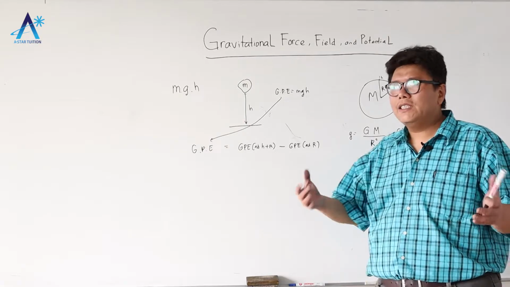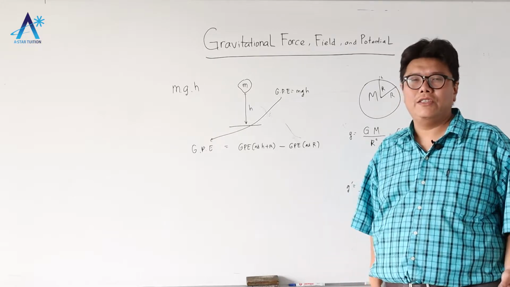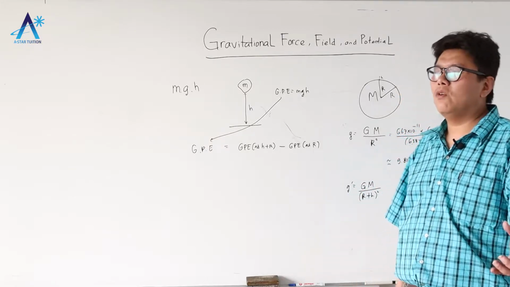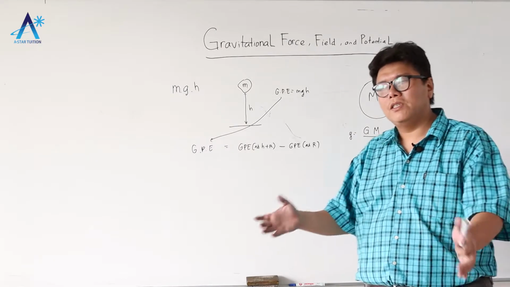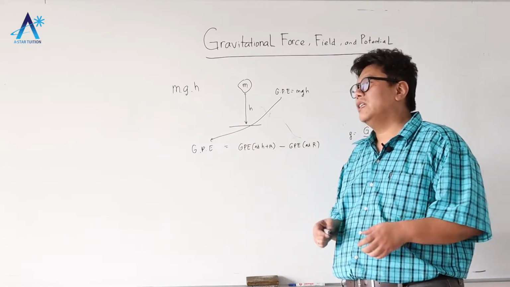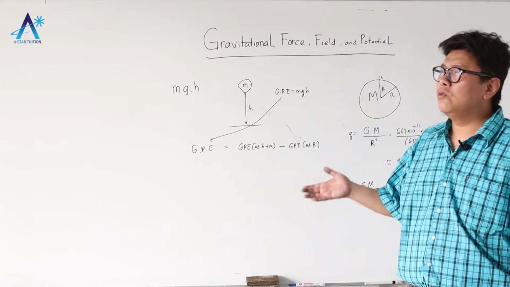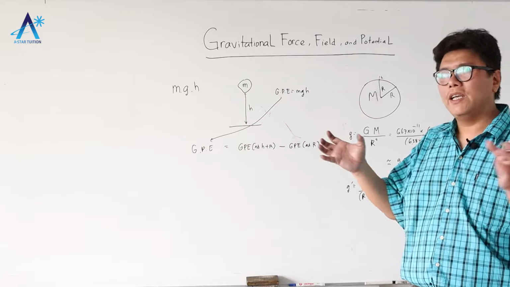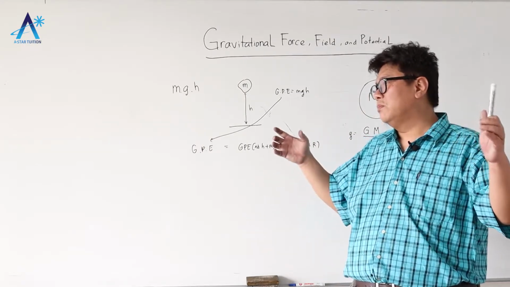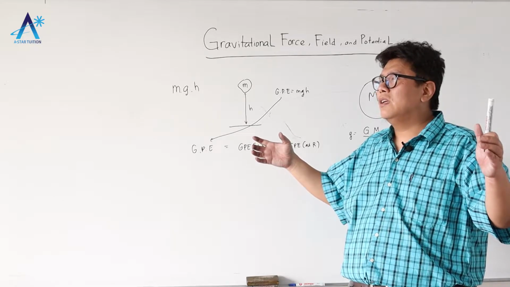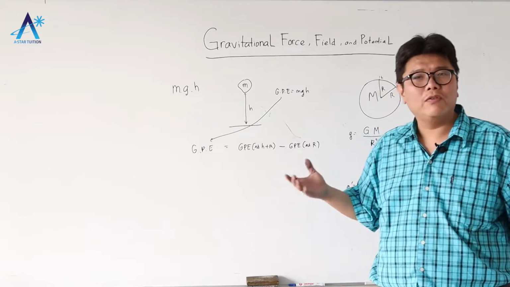Potential energy is energy due to interaction. If you have two masses, m1 and m2, located at a certain position from each other, the potential energy is defined as the work done to bring the two objects from infinity to a point that is distance r away from each other.